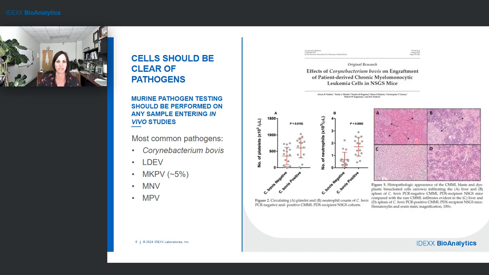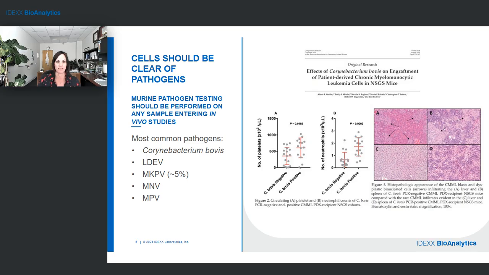This was shown really nicely here in this 2019 publication, comparing C. bovis status in a chronic myelomonocytic leukemia model in NSGS mice, where they found unexpected study changes in many parameters, including circulating platelets and neutrophils, as shown here, as well as spleen weight, and then failure of the model itself when they had C. bovis positive mice.